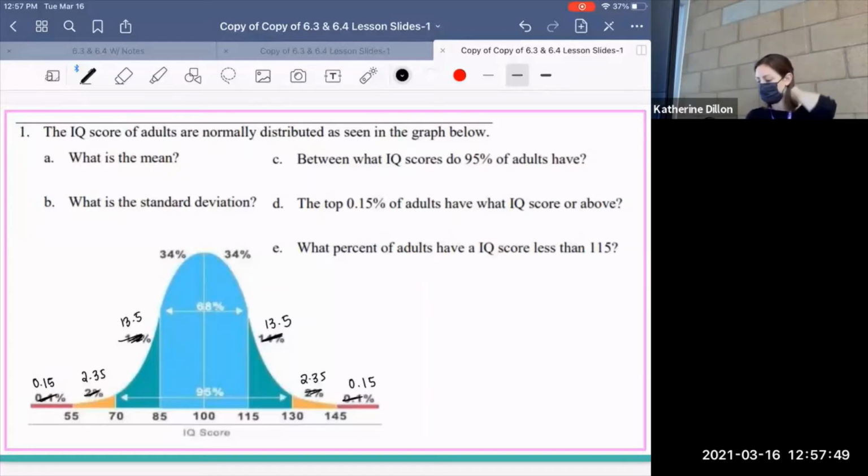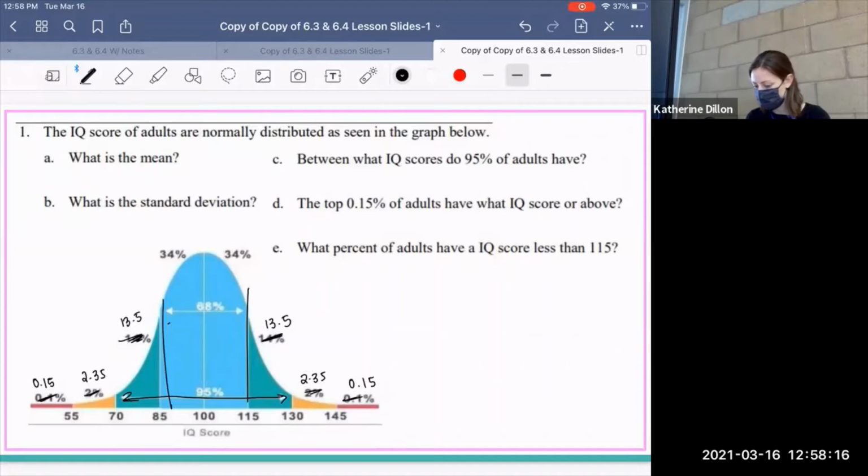So what's happened here, we took 68% of our data will fall within 1 standard deviation from the mean. We just split that 68% into 34% on each side. Then we looked at the 95%. We subtracted the stuff that was already in the middle at 68%.